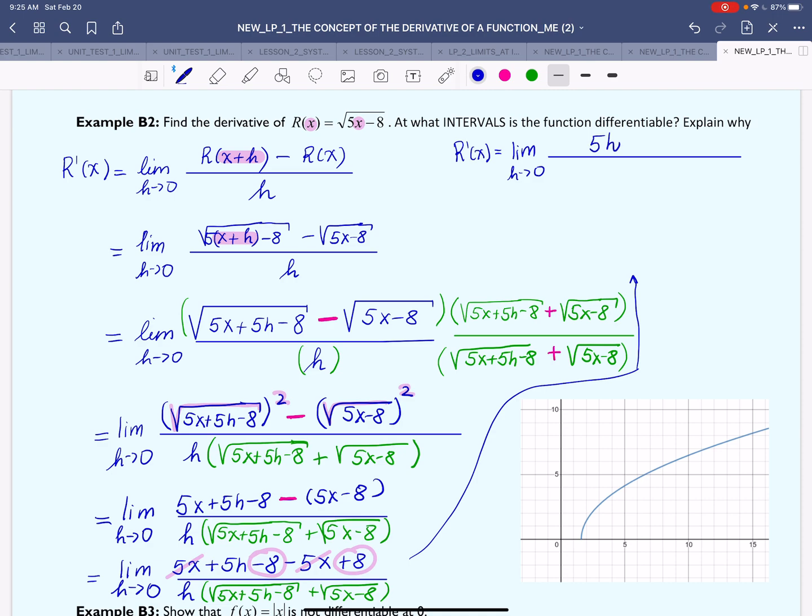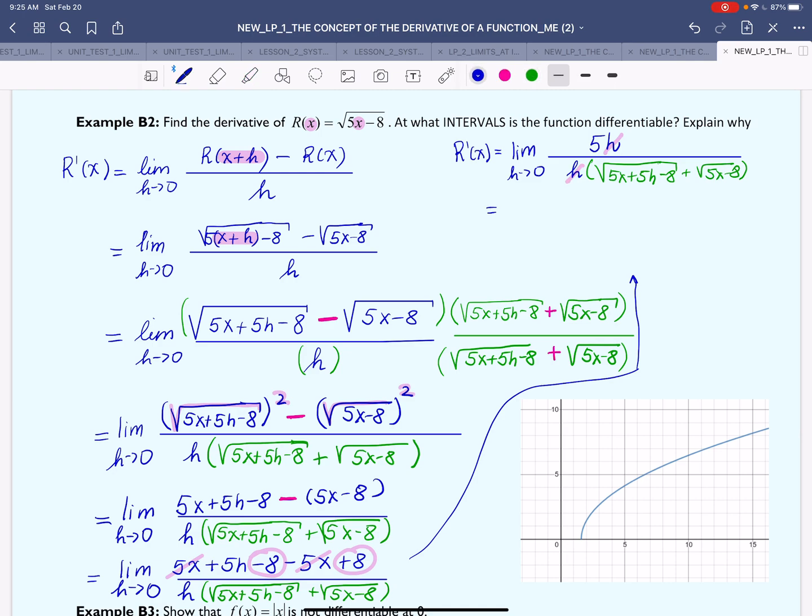So h is a factor. h is a factor in the denominator as well. We still have this beautiful conjugate that we keep on writing because we have no choice but to write it. And then plus root of 5x minus 8. And the exciting part, say goodbye to h.